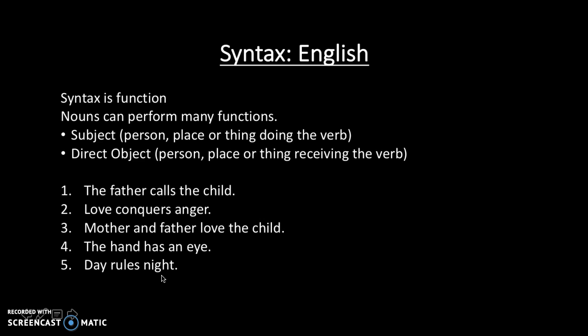So, how do you know what the syntax is, what the function of a noun is in English? Think about that for a moment. Read over the sentences again if it helps. You'll probably notice that it all depends on word order.